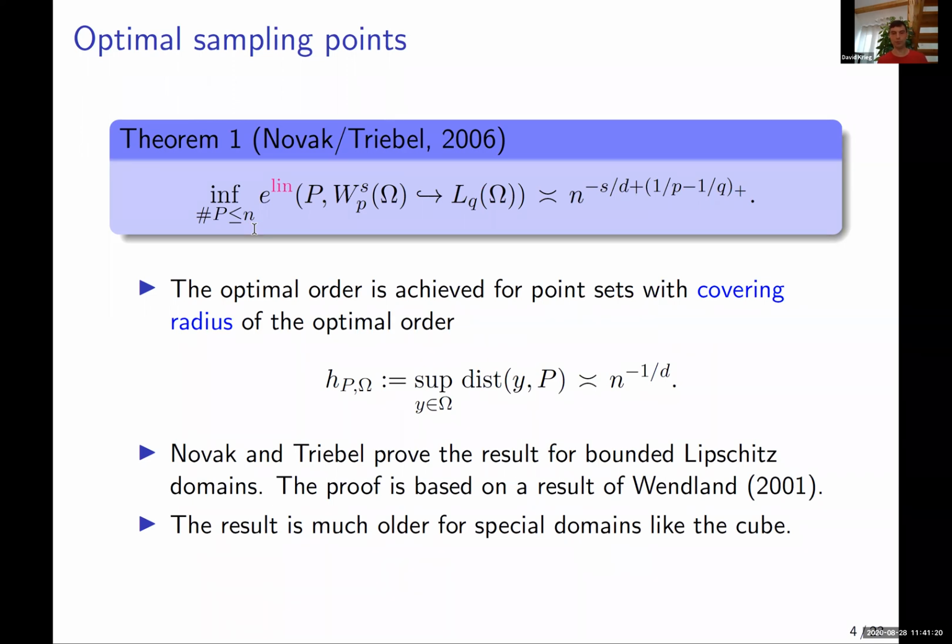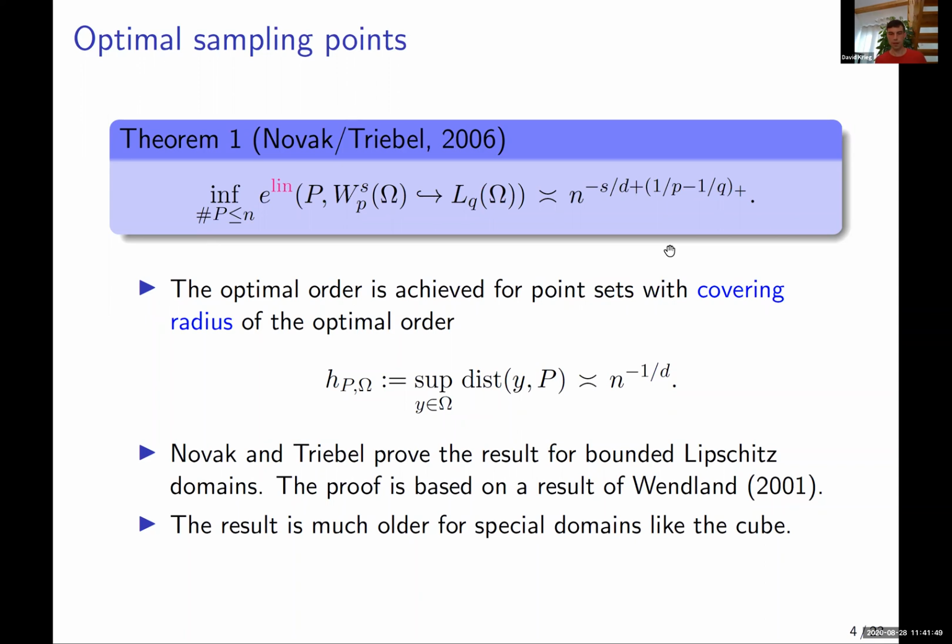And a result by Erich Novak and Hans Triebel from 2006 tells us that this nth minimal worst case error is of order n to the minus s over d plus some correction term, 1 over p minus 1 over q plus, where the plus means that I take the maximum of this expression and 0.